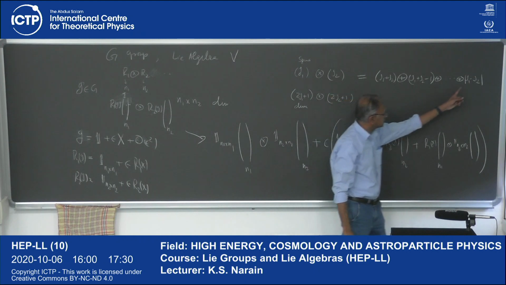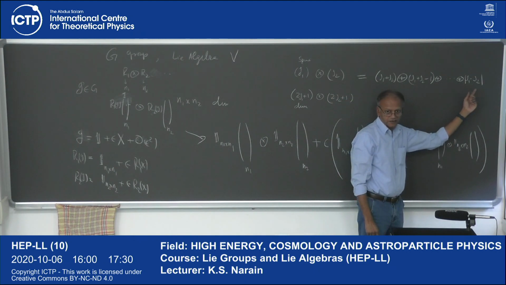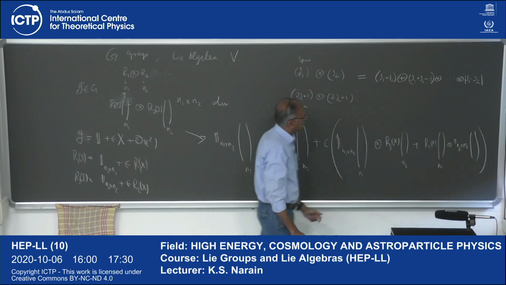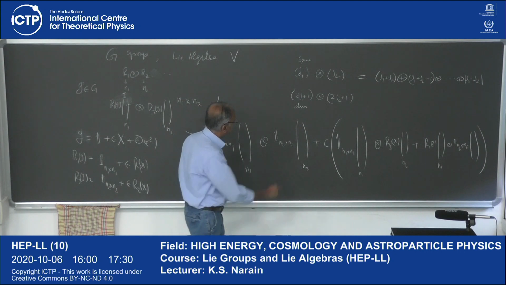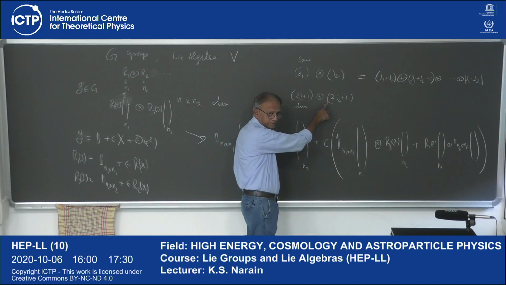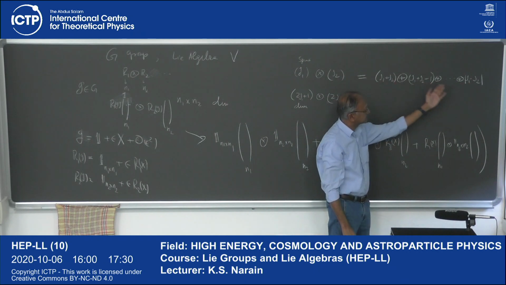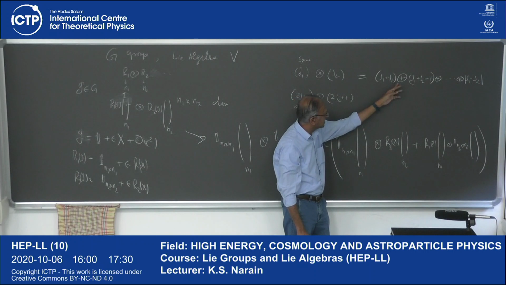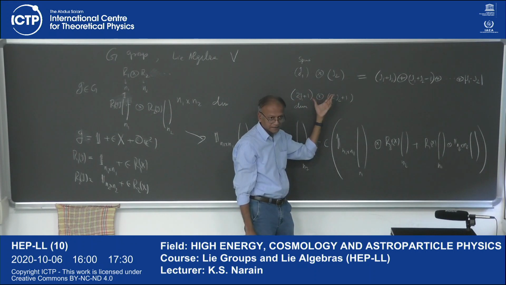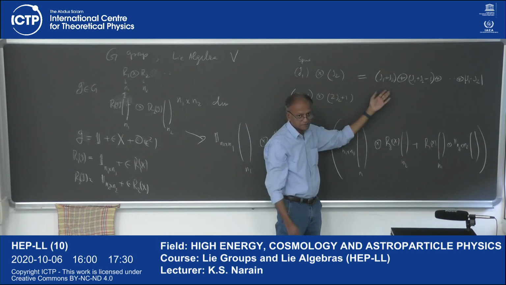So if J1 is greater than J2, then it's just J1 minus J2, or if J2 is greater than J1, J2 minus J1. So this is what happens. There are several things you can check immediately. Because here you know the dimension is that. Does this agree? This dimension must be equal to that. Otherwise, if this is less than that, I'm missing something from here. Or if it is greater than that, that's impossible.